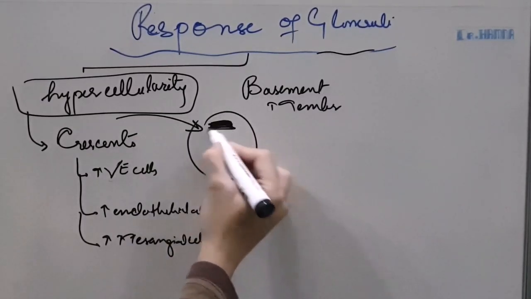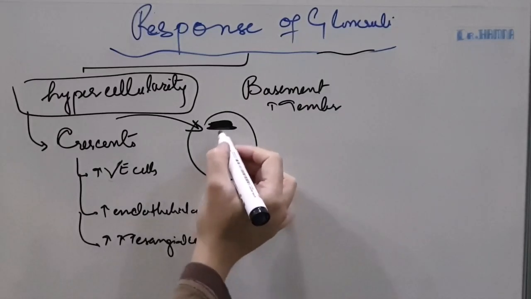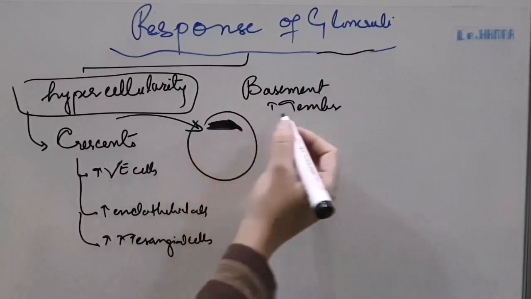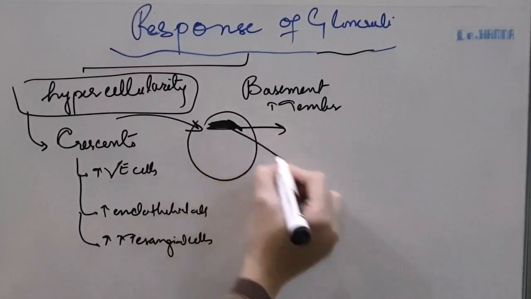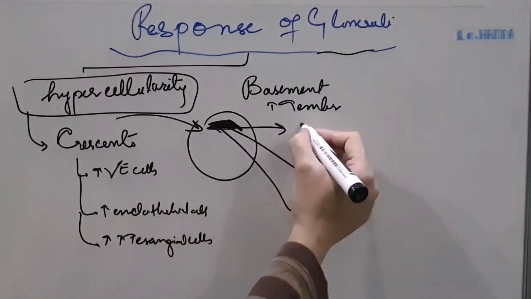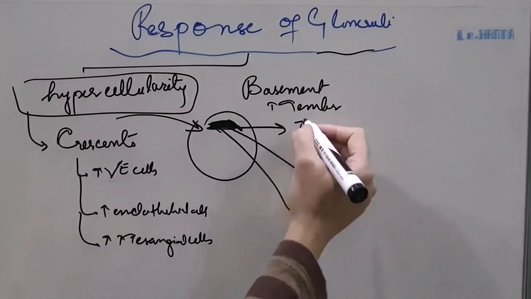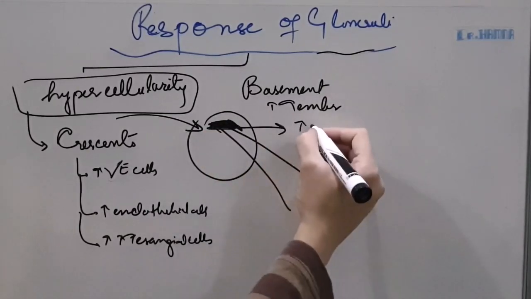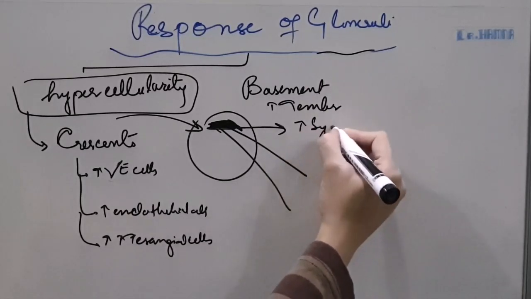It should be thickened so that filtration remains in place. This process basically involves three main processes, and first of all, there is increase in synthesis of collagen.